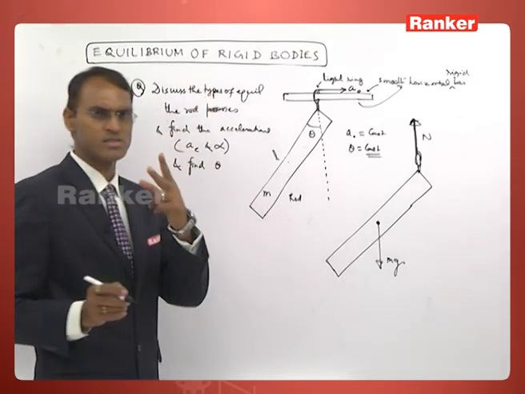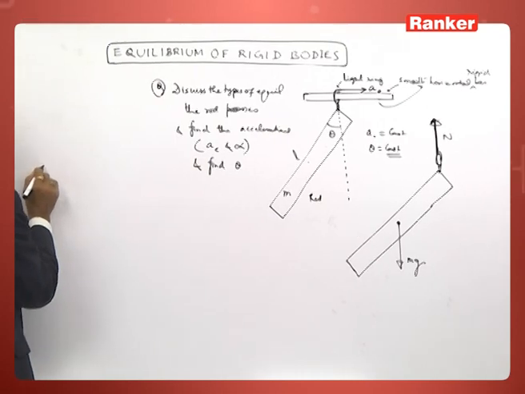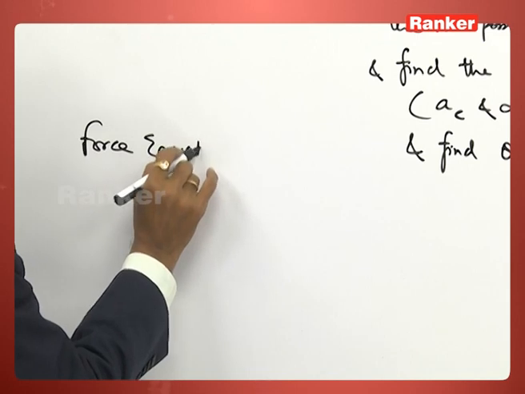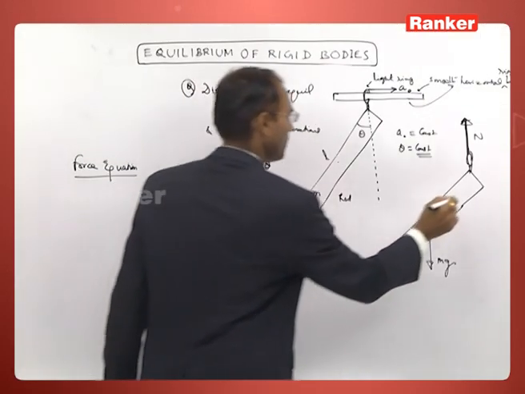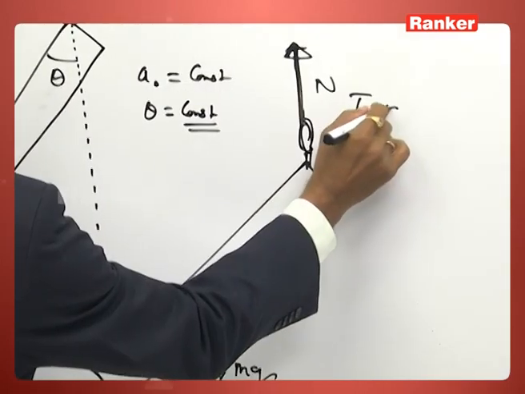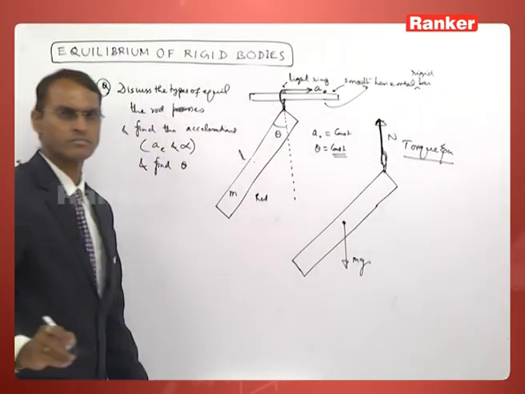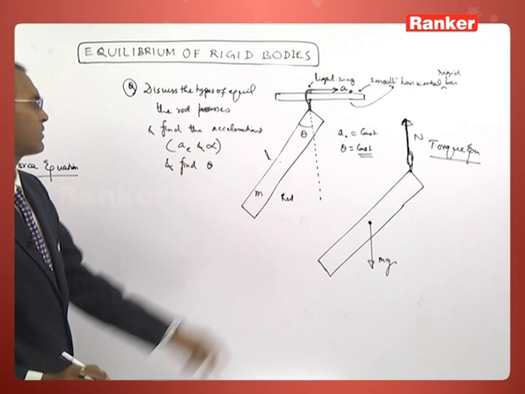So, we have two equations. One, force equation, and second, torque equation. Now, we have to check whether the rod is in equilibrium or not.